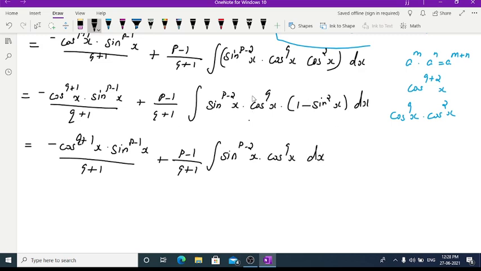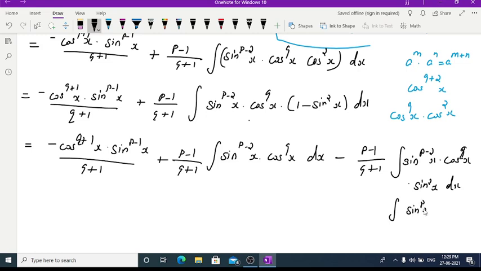For the next term, multiplying inside, minus taking outside, we have sin^(p-2) x into sin^2 x, and a^m into a^n is a^(m+n), so sin^(p-2+2) is sin^p x. So this step becomes the integral of sin^p x cos^q x dx.